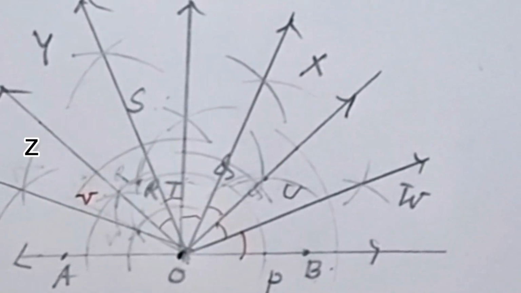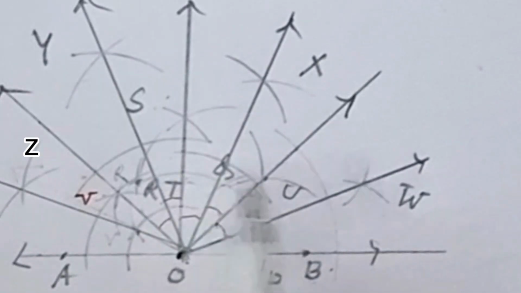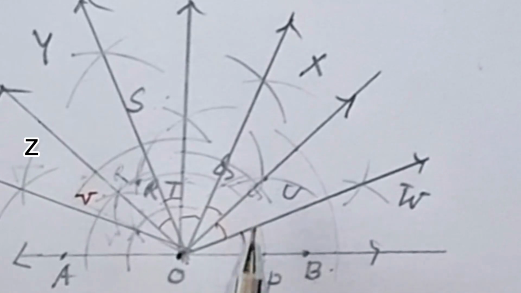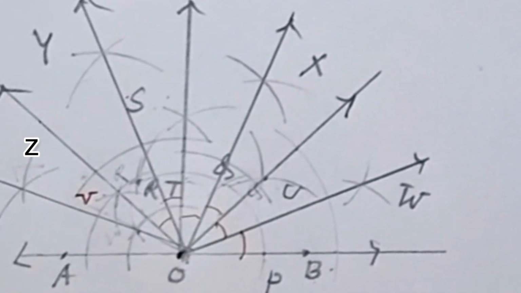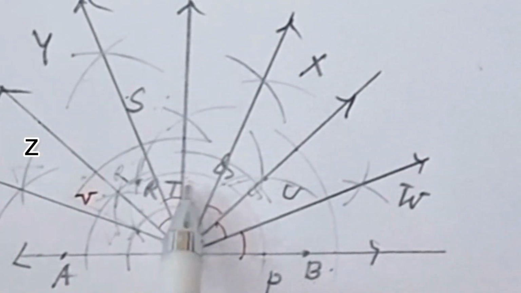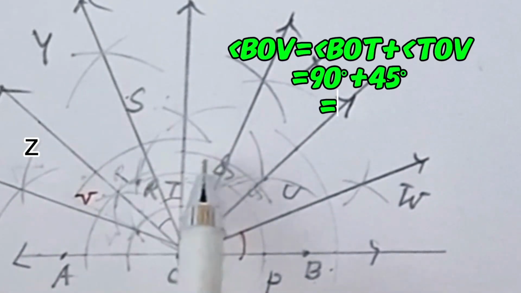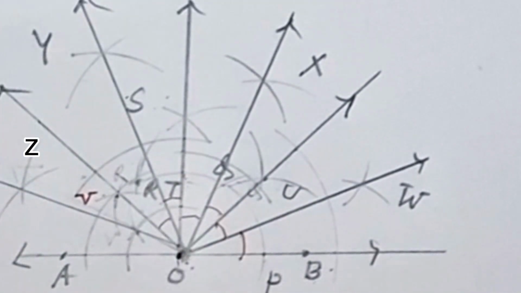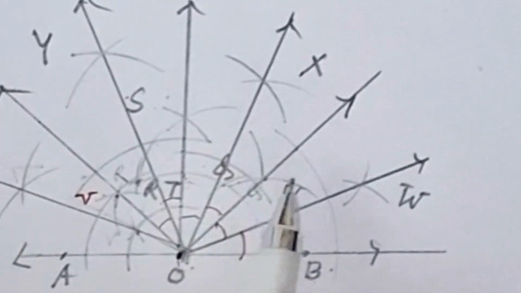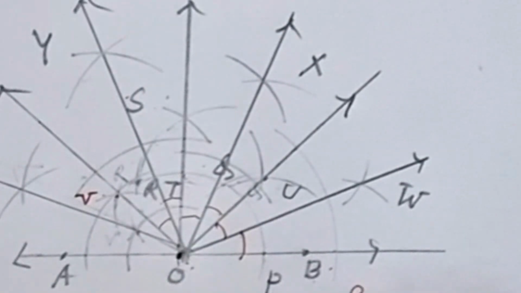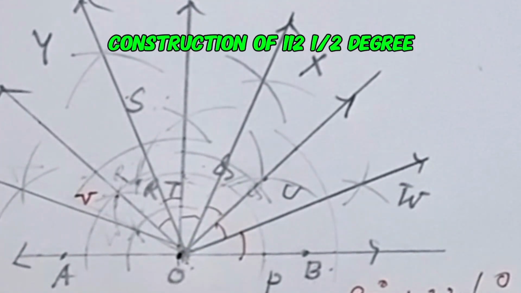And angle BOT is equal to 90 degree, and if we add 90 degree with 45 degree, then we get 135 degree, which is the sum of angle BOT and TOV. Similarly, if we add 90 degree with 22.5 degree, we get 112.5 degree.